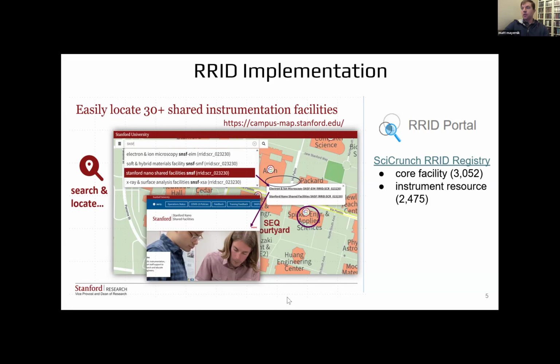On the left here shows an example of our colleagues at Stanford who've even embedded these identifiers into the campus map to show where facilities are on the campus and to link to information about those facilities. And likewise, the RRID system is used for instrumentation and has been assigned to many types of instruments.